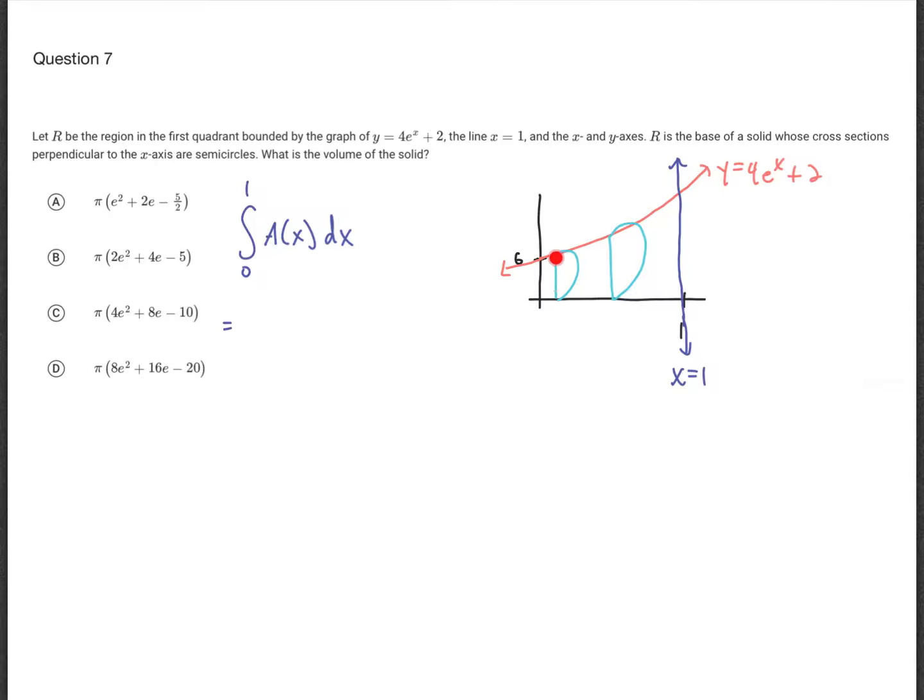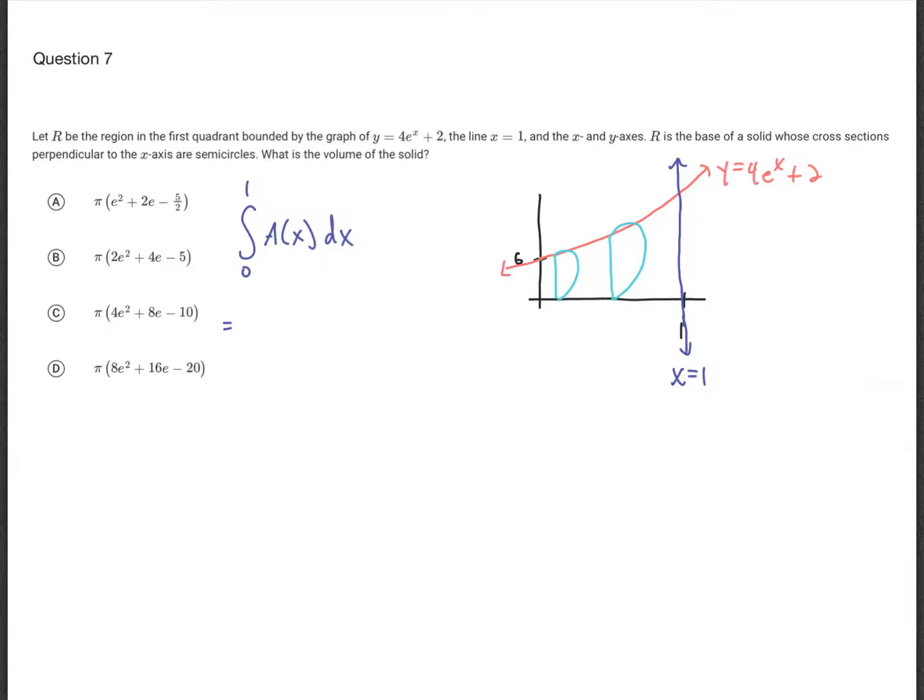First off, this exponential function is the diameter at any x value. At this little x value, the value of the function is the diameter of this circle. So at every x value, this is the diameter.